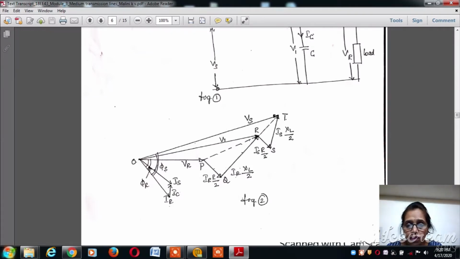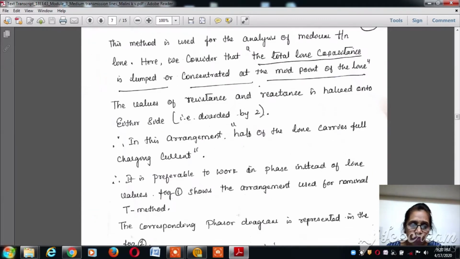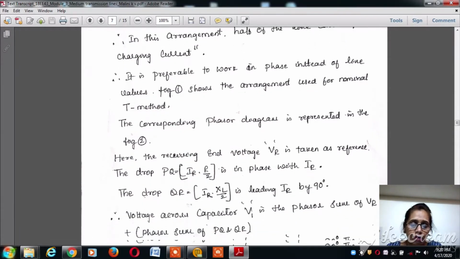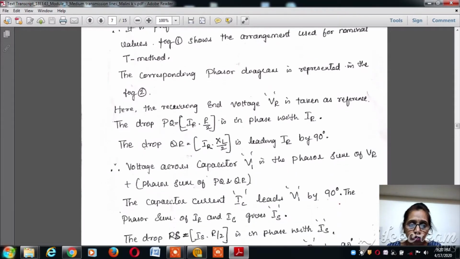The vector sum of these two gives us RT, and the supply end voltage is the vector sum of VR and the summation of PR and RT. OR is nothing but V1, the voltage appearing across the capacitance C. After considering all this, we can write the expressions to calculate the efficiency and the percentage voltage regulation.